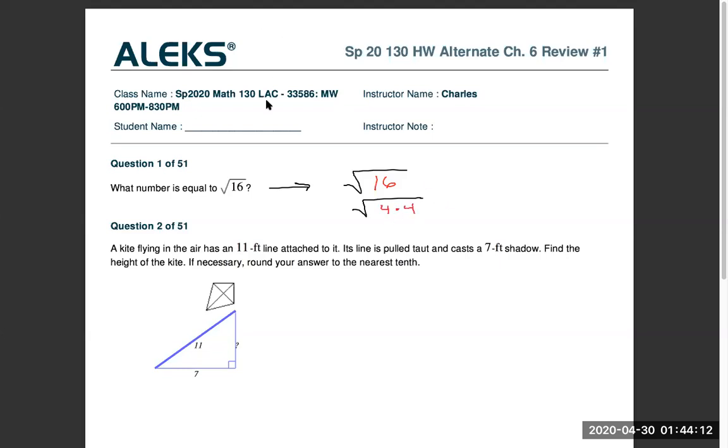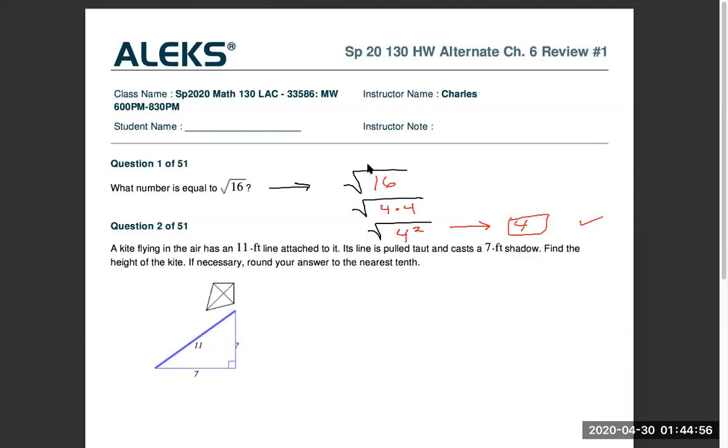Using our exponents, that's 4 squared. So the square root is going to cancel out the square here, and then you're going to be left with 4. Now, would you need to show all this work for that kind of problem? No. As long as you're comfortable knowing what the square root of 16 is, you could just write 4.